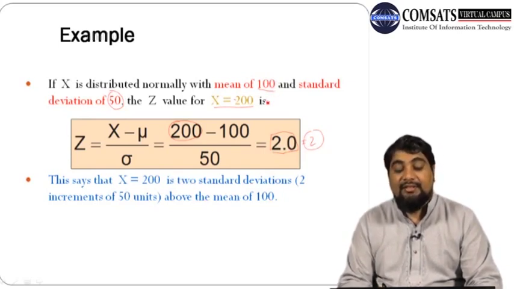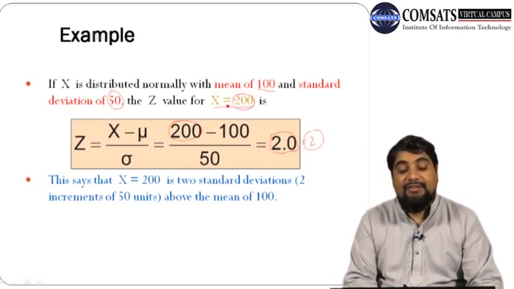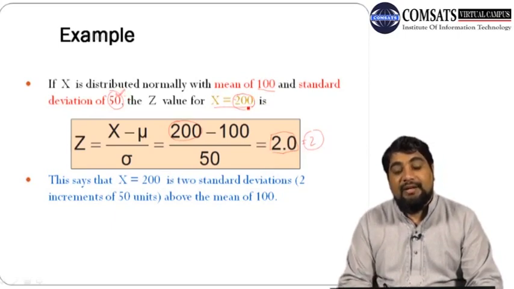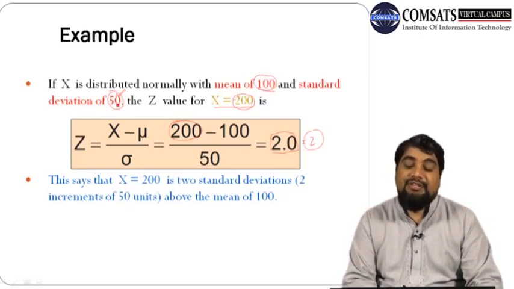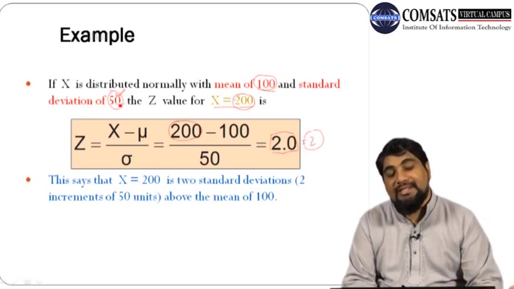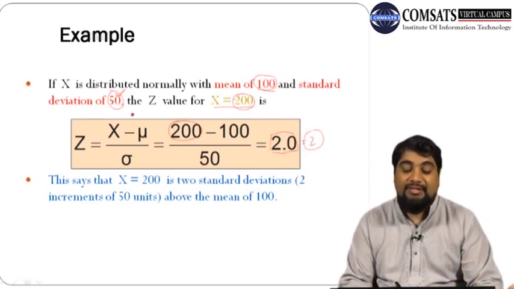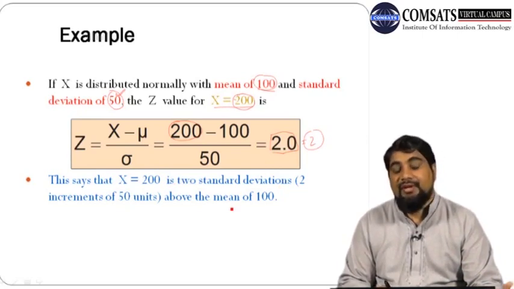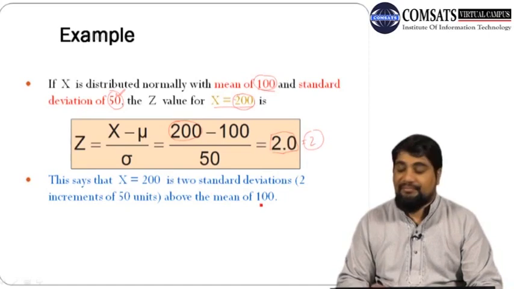The mean is 100, the current value of x is 200 and the standard deviation is 50, so 200 is above the 100 value. How much? 2 standard deviations. So 50 times 2, it is 100 above. But in statistical language we say that 200 is 2 standard deviations above the mean, or since the mean is 100, we can say that 200 is 2 standard deviations above 100.